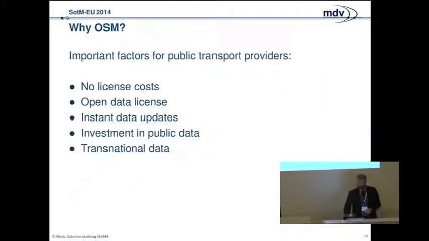But there are also other important factors for public transport providers that use geographic data. One of them, of course, is no license cost. Commercial geographic data is very expensive, so this is an important issue for them.